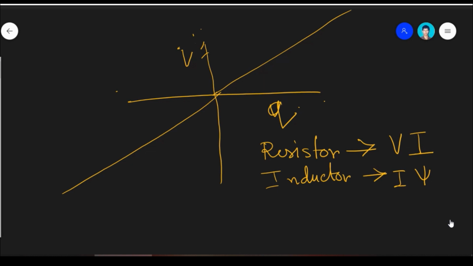The amount of charge stored inside a capacitor at any given time is its independent variable, and the voltage drop that we are going to observe across that capacitor is a dependent variable. So this should be QV. So for a capacitor it is the QV plane.